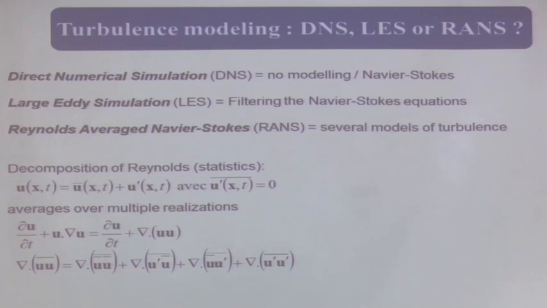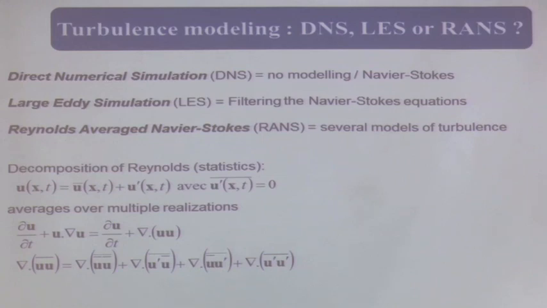If you have the average and the RMS, that's more than enough for designing your process. You can select the pump to generate the flow rate. So you don't need all this information about the flow structures.